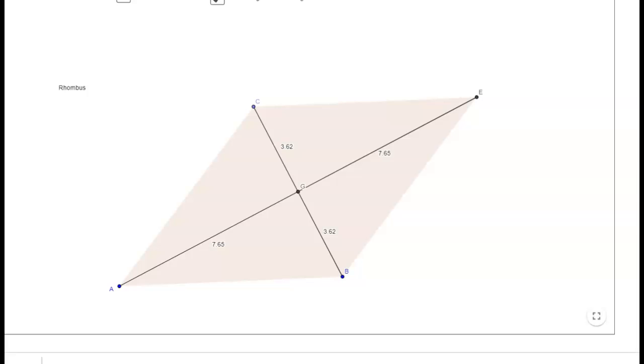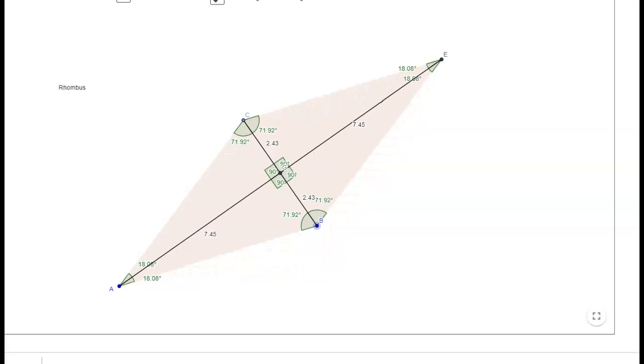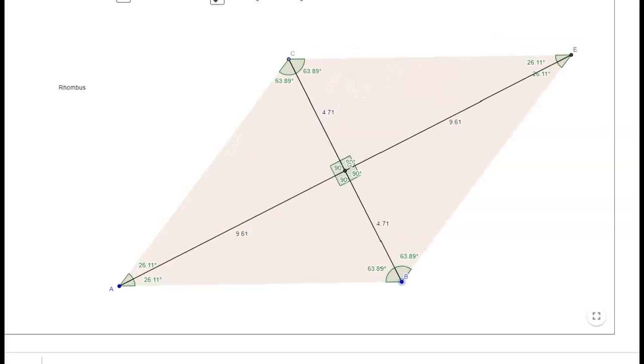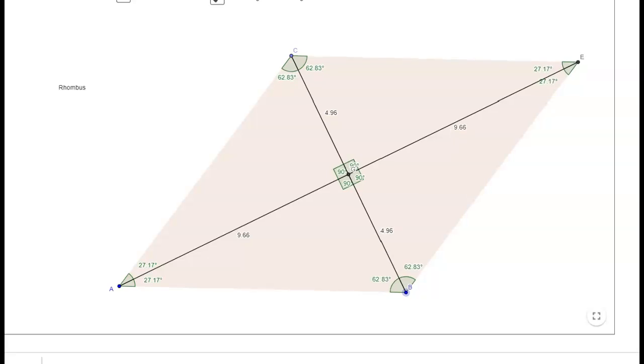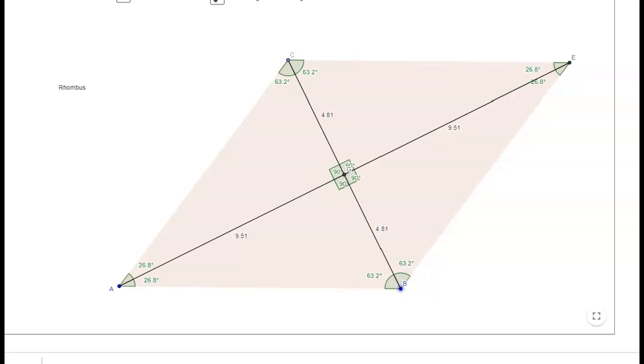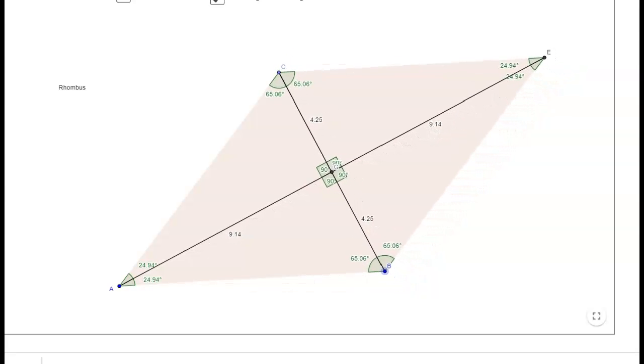Now let's add some angles in here. A special property of the rhombus is, notice the diagonals inside where they intersect always form a 90-degree angle. So we say the diagonals are perpendicular.